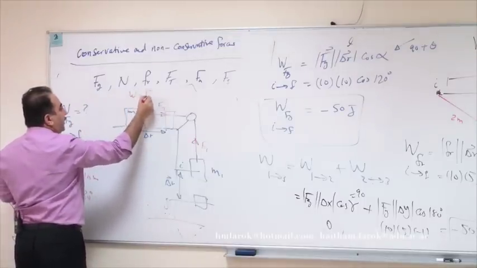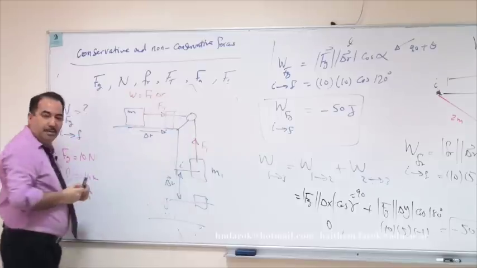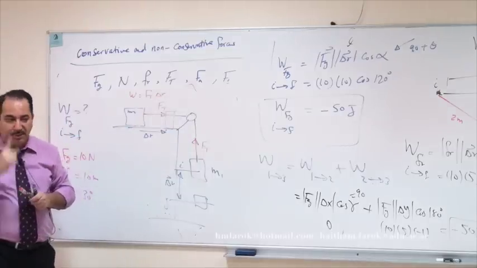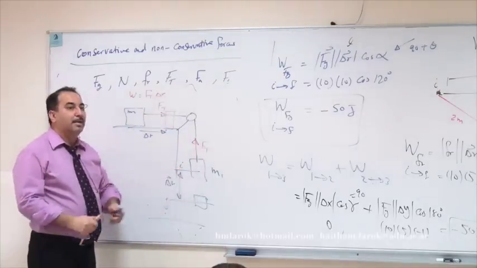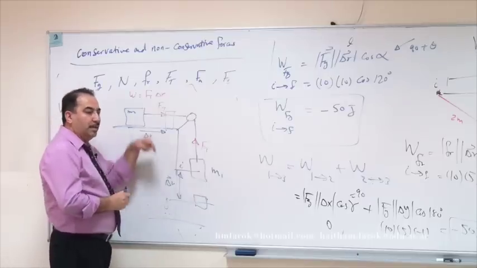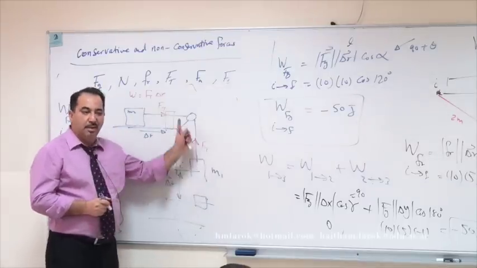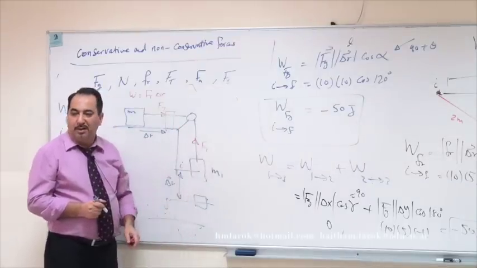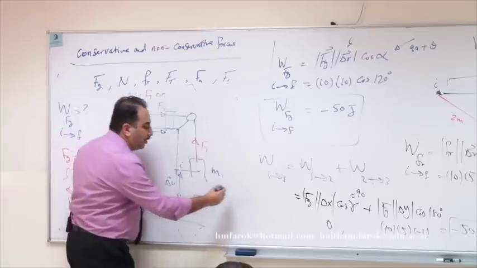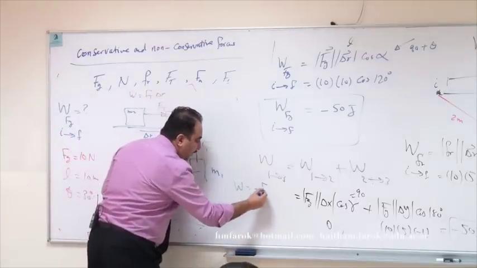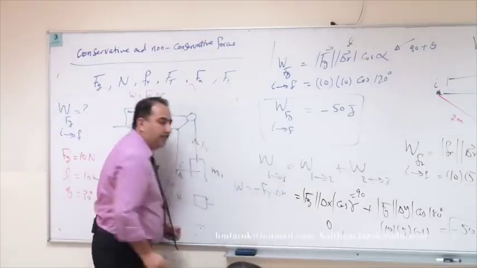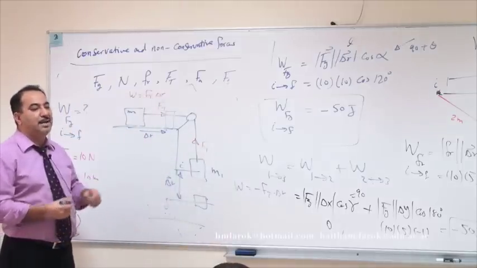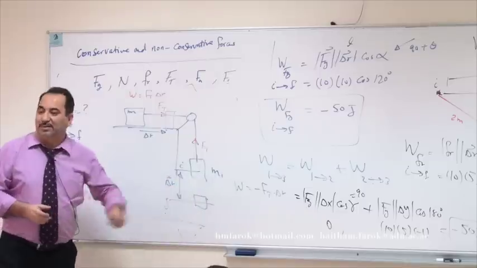So what's the answer here? W is FT delta R, yeah? Cosine 0 is 1. Here, which way is moving? Tension. What's the angle? So what's the work here? Minus FT delta R. What's the total work done by tension now? 0.